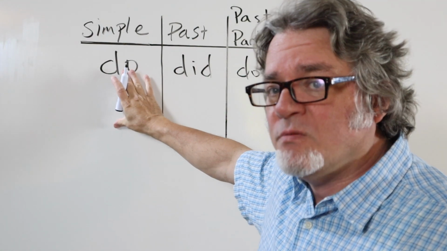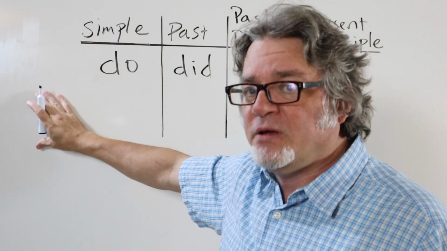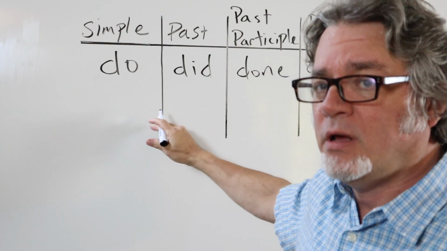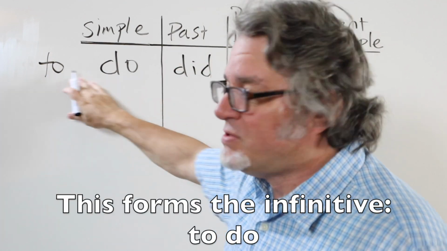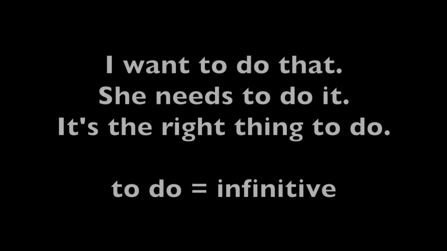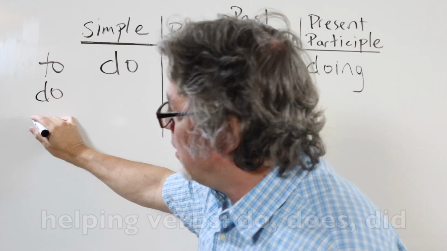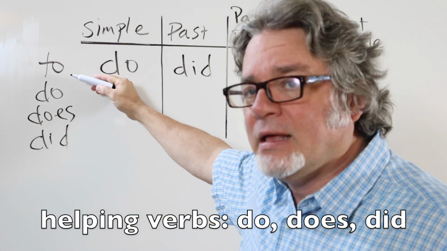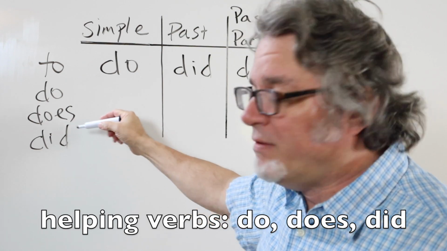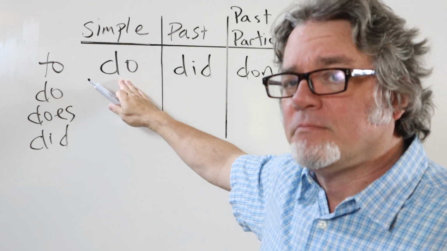It's very important to remember that this simple form is used with helping verbs and the word to. So if I put to here, this forms the infinitive. Then you can use do or does or did as helping verbs when forming questions with the main verb in the simple form.